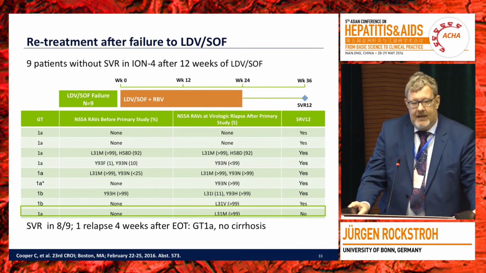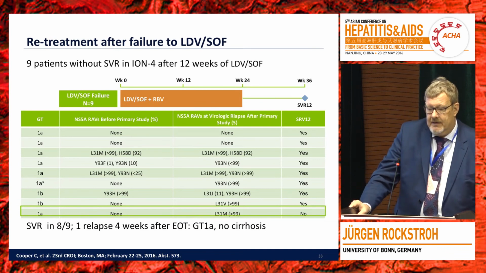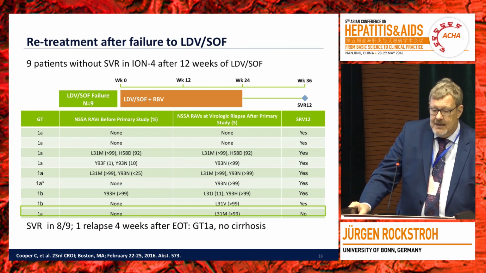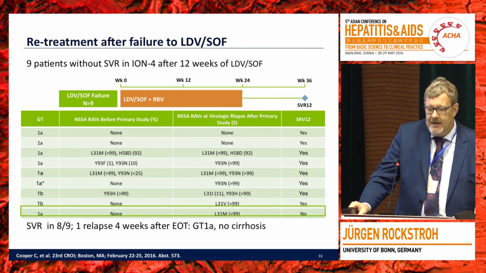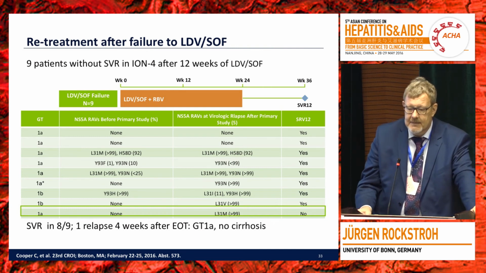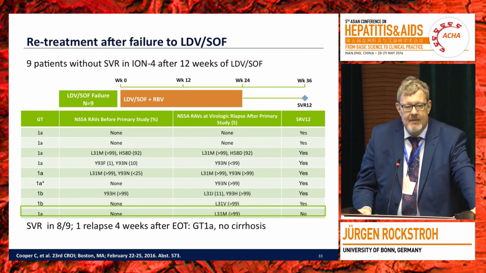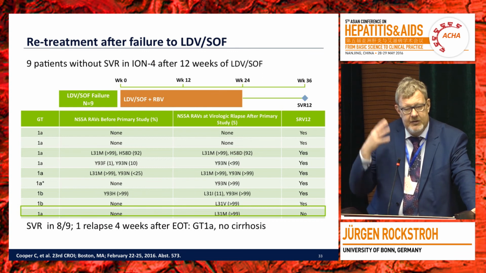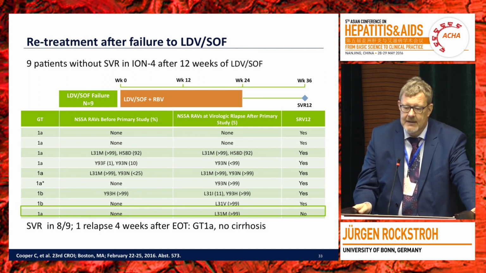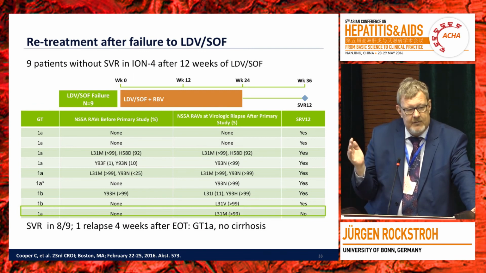In the context of HIV and hepatitis C co-infection, there was a very interesting presentation at CROI this year. In PHOTON, remember, that was the signature phase 3 trial for co-infected patients receiving 12 weeks of sofosbuvir, 9 patients developed virological failure. Remember that most of them were black, and there have been questions about why that happened. They were retreated with 24 weeks, so longer treatment duration, with ribavirin.